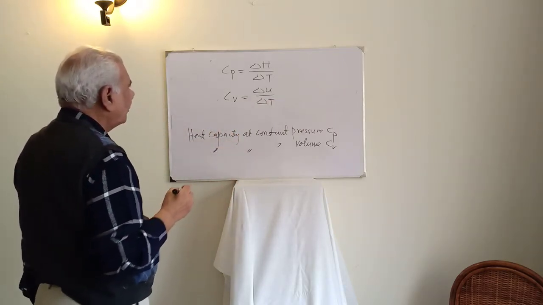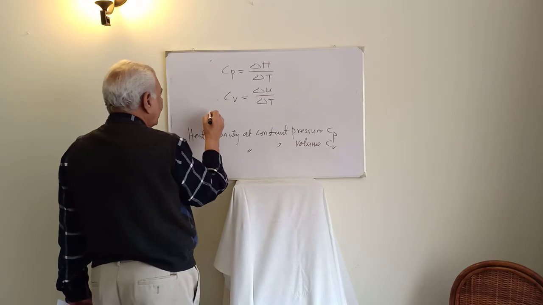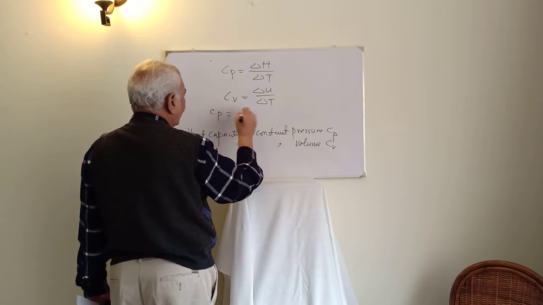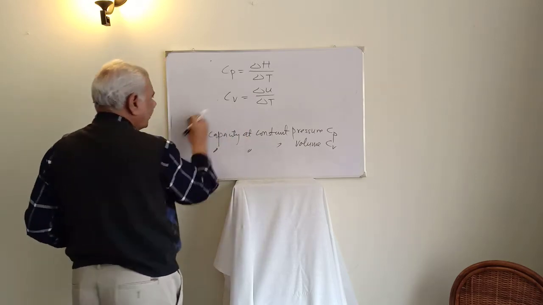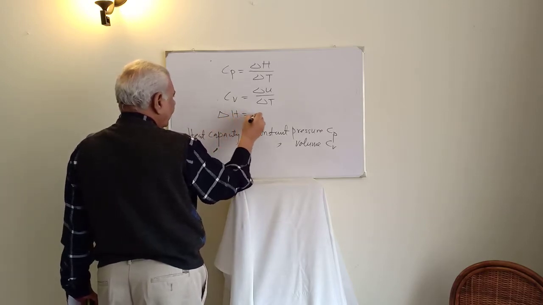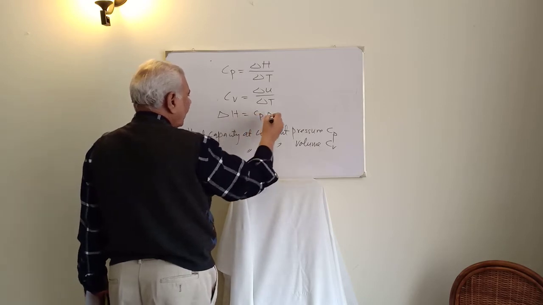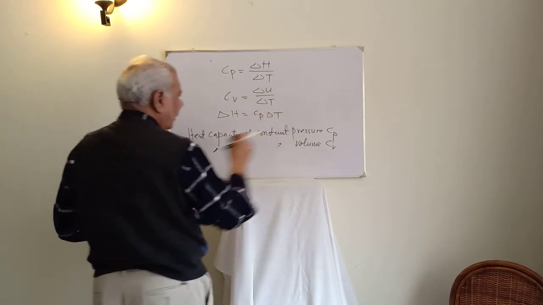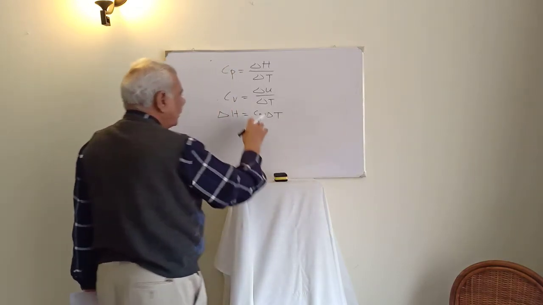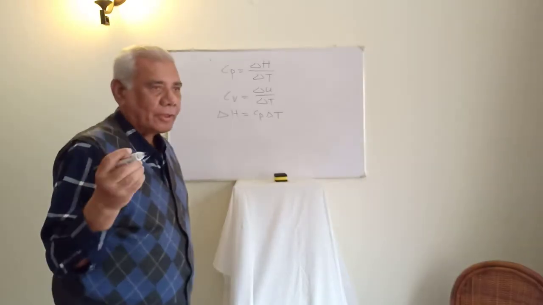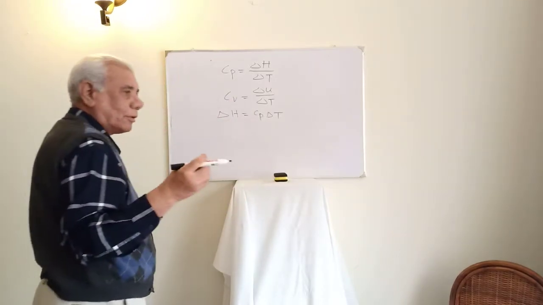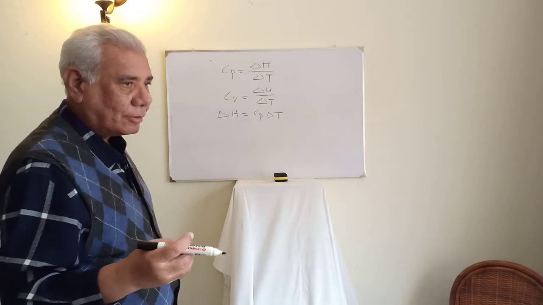Or you can write that delta H is equal to Cp delta T. But here Cp is the molar heat capacity at constant pressure per mole, and Cv is the molar heat capacity at constant volume per mole.